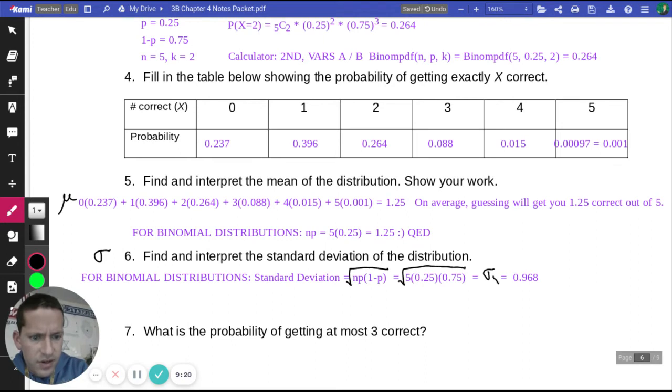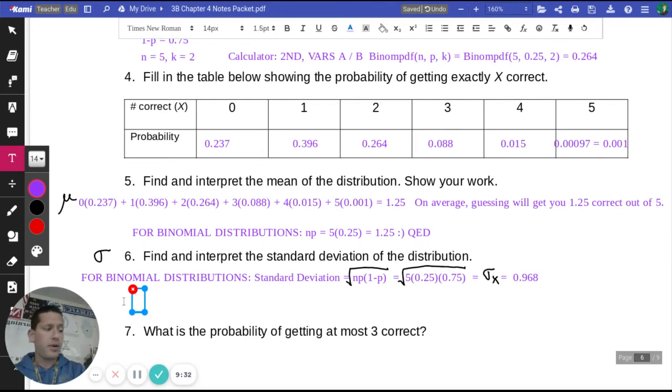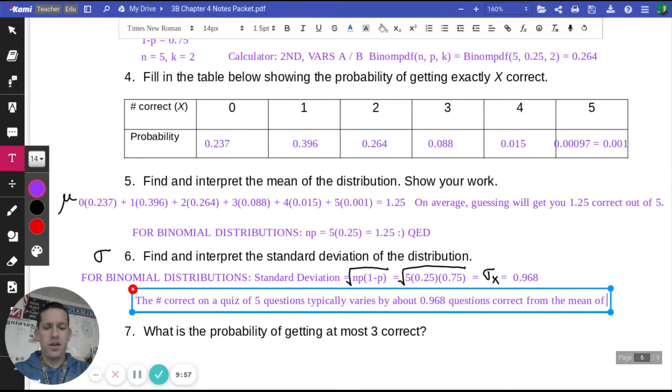And the standard deviation of this variable x, where x is the number of correct guesses, is 0.968. You might be saying, Coach Owings, hi, that's me by the way, what does that mean? So that means that the number correct, that's our x variable, on a quiz of 5 questions typically varies by about 0.968, almost 1 question correct, from the mean of 1.25 correct answers.